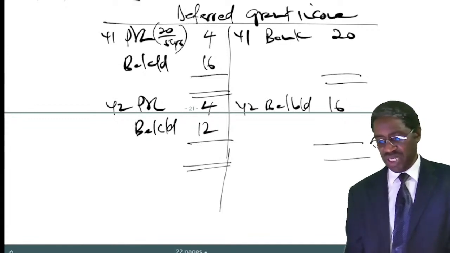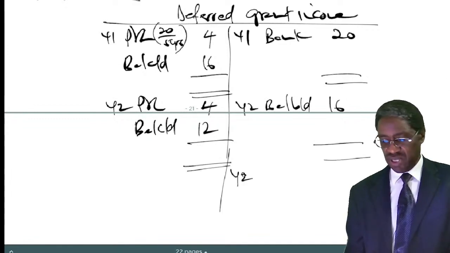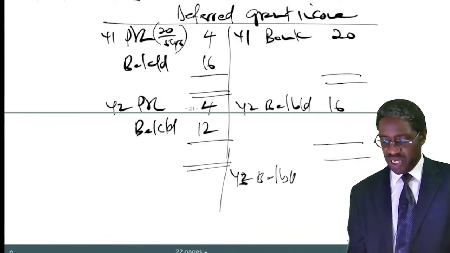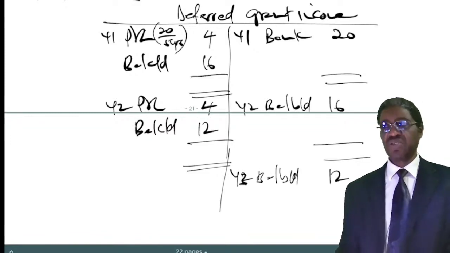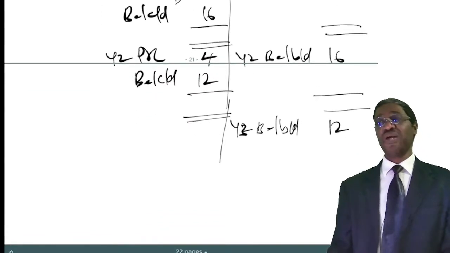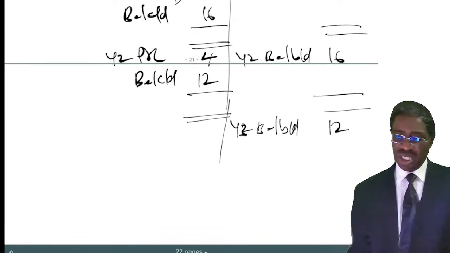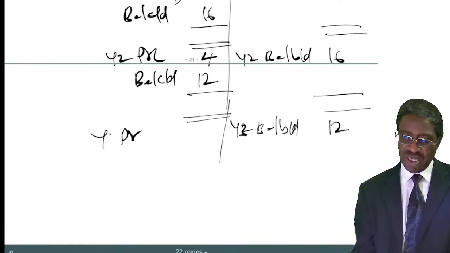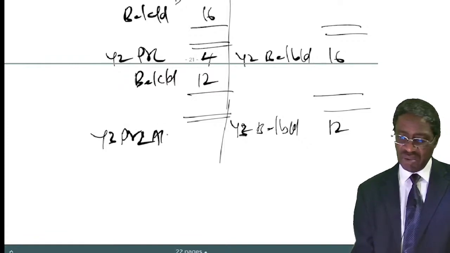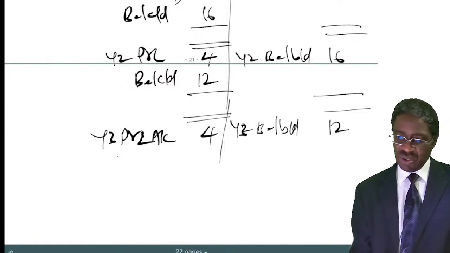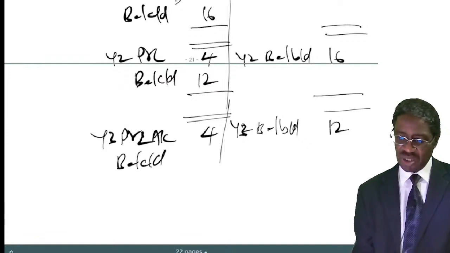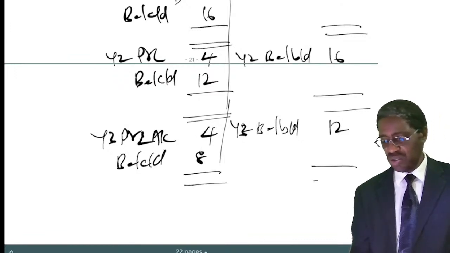Come to the third year, balance brought down, 12 million. Then I transfer how much to the P&L account? Another 4. Year 3, P&L account, another 4. You are carrying down a balance of how much? I think 8. Good.